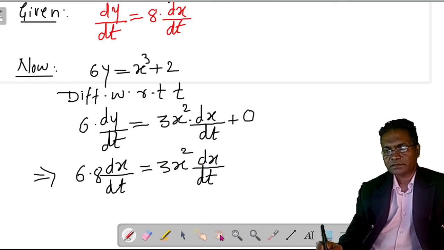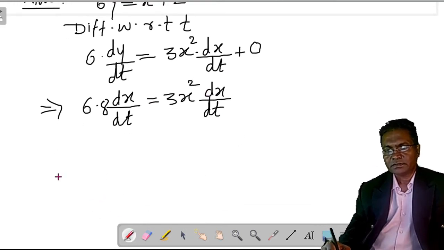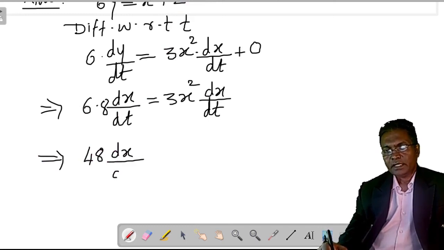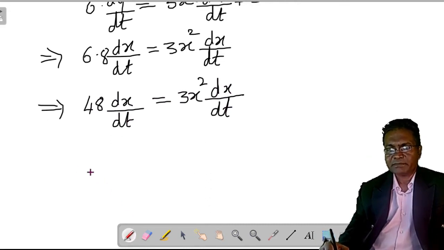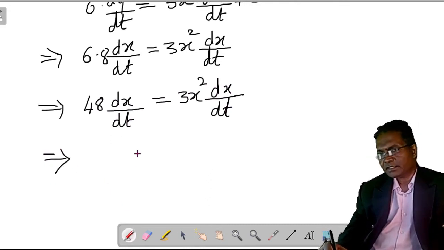Okay, this implies 48 dx by dt equals to 3x square dx by dt. Okay, both side dx by dt, either you can divide.